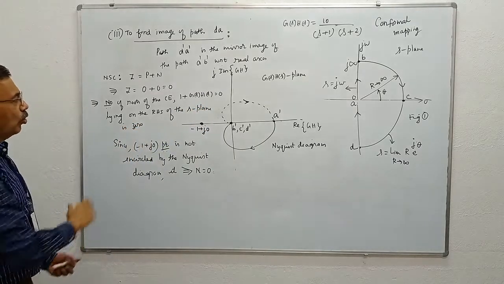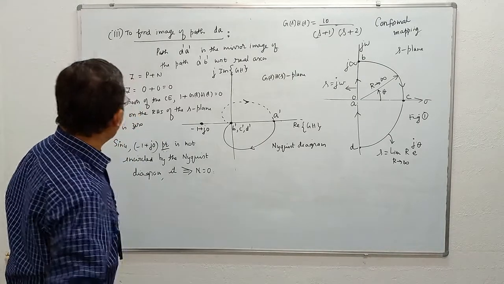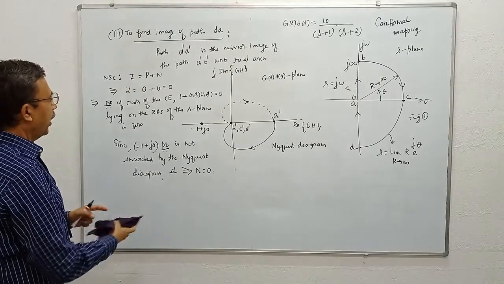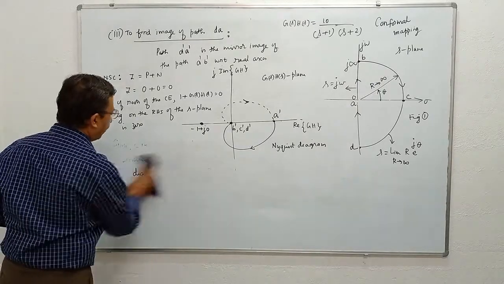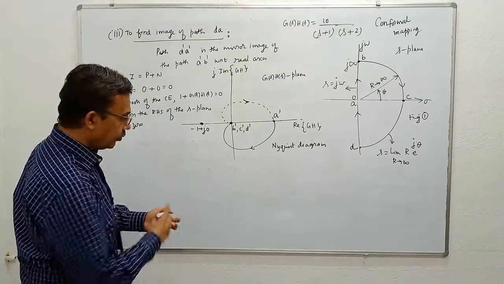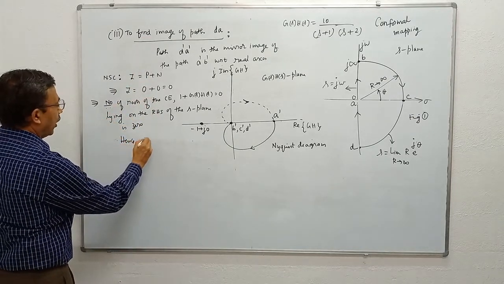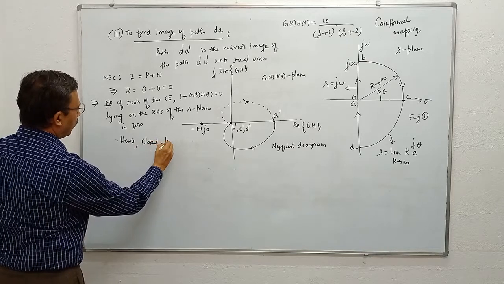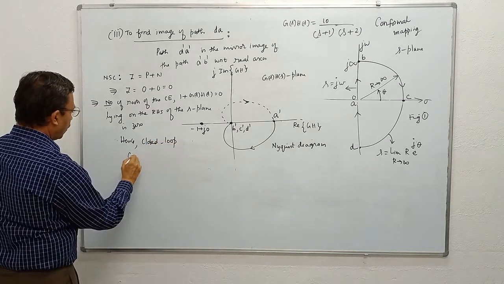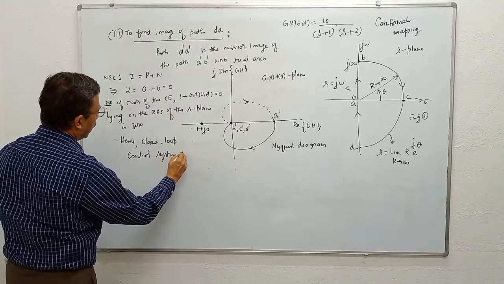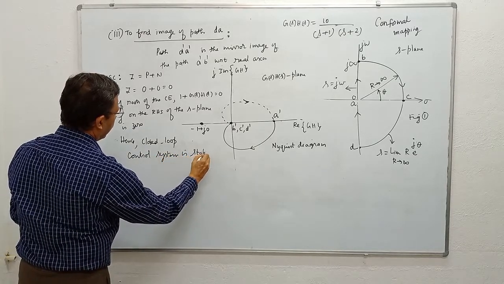That means no roots of the characteristic equation, or no closed loop poles, lie on the right side of the S plane. Hence the closed loop control system is stable.